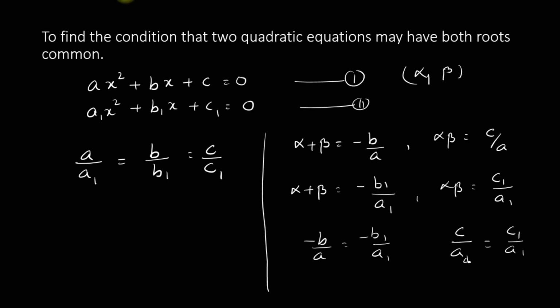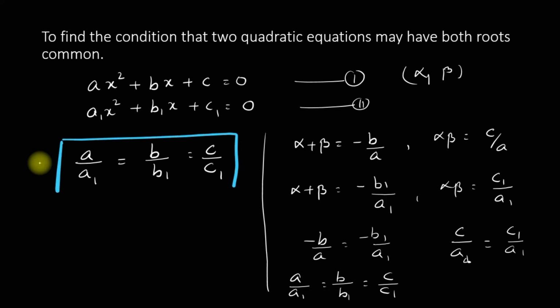So from here we can interpret that a over a1 is equal to b over b1, and a over a1 is equal to c over c1. So these are the conditions that both equations have both roots common, that is alpha and beta. This is very important, and again we box this formula.